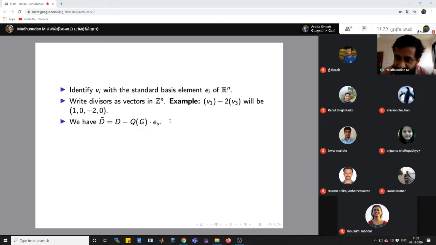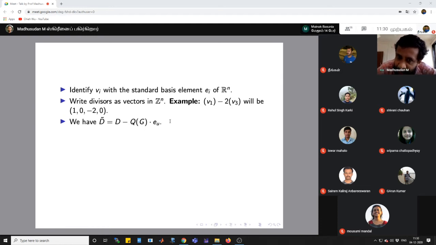the standard basis element associated to this vertex U that fired. If the vertex U that fired is, say, the vertex Vi, then EU will be Ei. So you simply need to multiply your Laplacian matrix with one of these standard basis vectors to realize the chip firing. And why is this? This is just the way the Laplacian matrix is constructed and the chip firing game is defined.